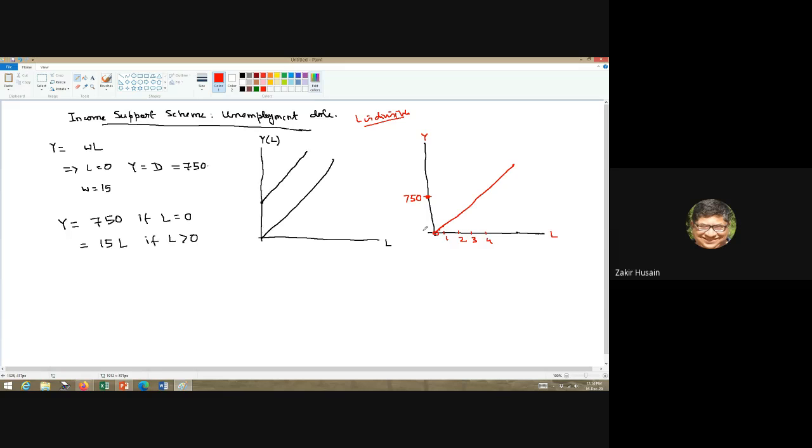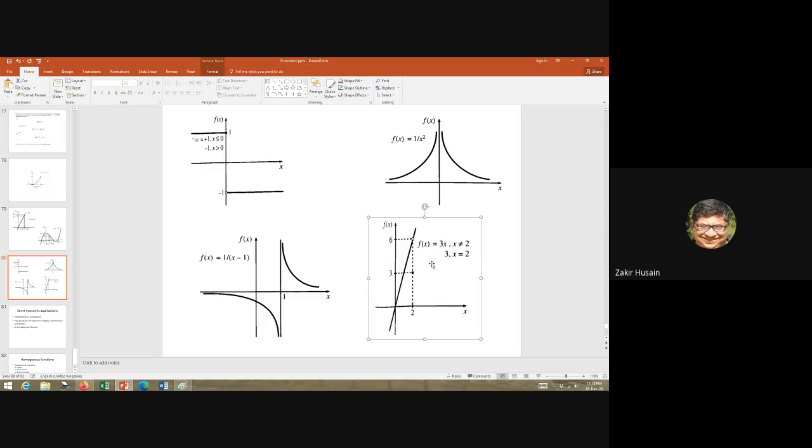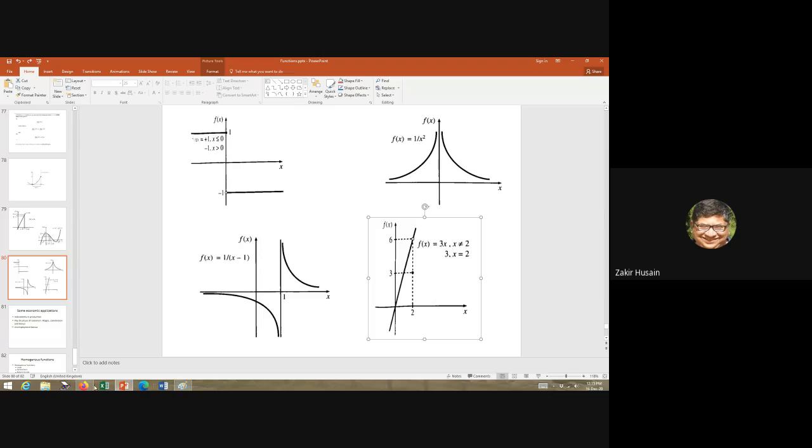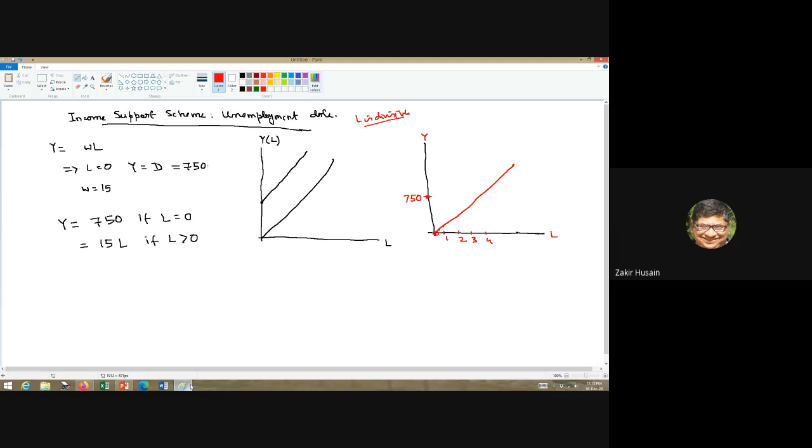There's no point over here. You can see that there's a circle hole over here which comes down. The function is a straight line, but at L equal to 0, it goes to here, only for this point. There's no kink as such, and it doesn't extend over here.